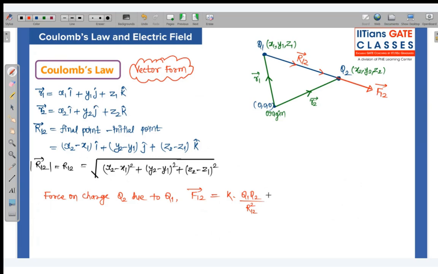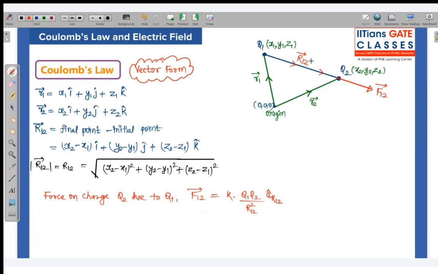So I can write that it is nothing but the unit vector in the direction of R12, because when I am moving from 1 to 2, the force is also in the direction from 1 to 2. So how do you represent this vector direction?